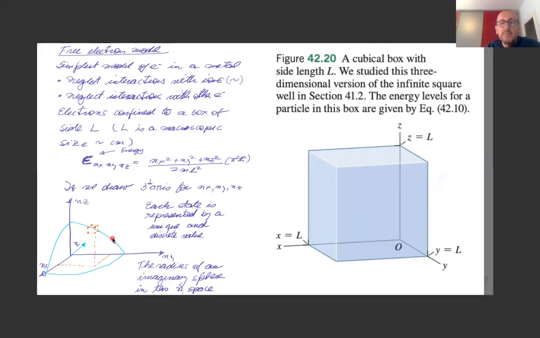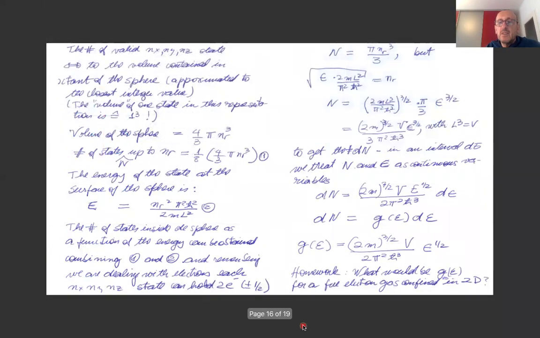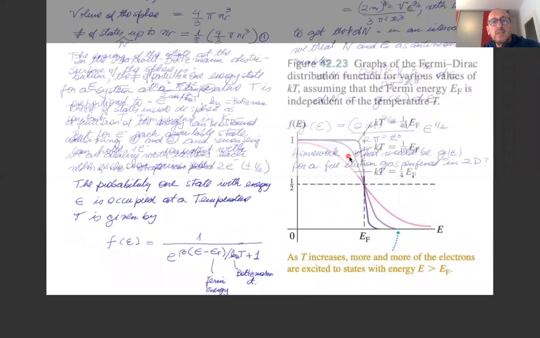Okay, this is what we are doing there. So the number in that differential volume, I didn't draw the differential volume, I should have drawn it, okay, is equal to this expression times dE. So this really has to do with the energy E. The energy E is linked to the radius with respect to the origin.